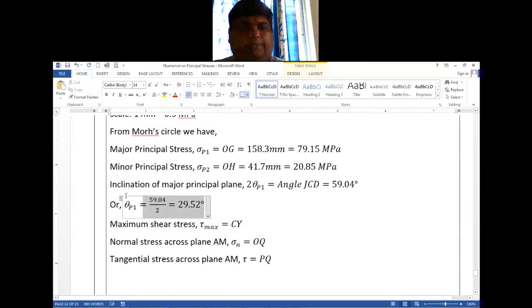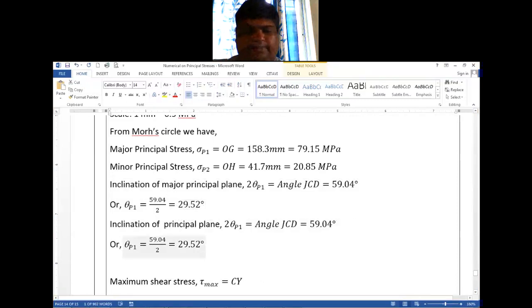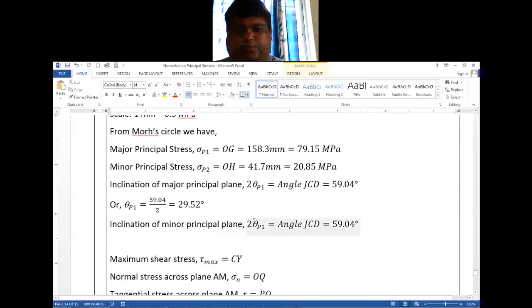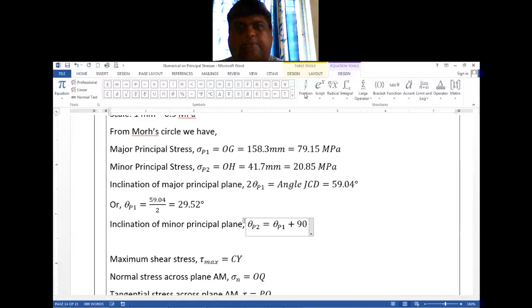Okay, so this is the major principal plane. Similarly, minor principal plane, theta P2 is equal to theta P1 plus 90 degree, right?